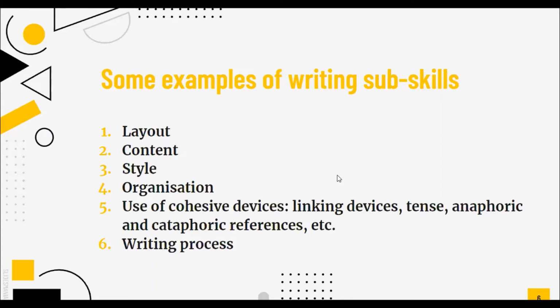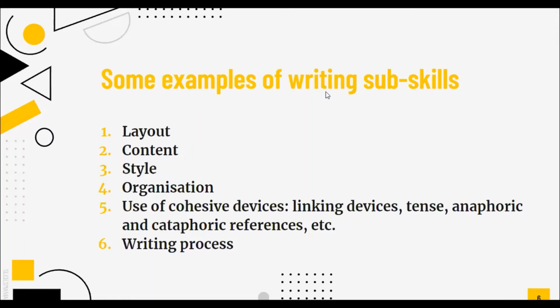For example, does it need bullet points? Does it need subtitles? And about the content, do students need to know specific jargon for this genre, maybe? And yeah, as Julio mentioned, style is formal and informal and so on. And hello to the people who are joining right now. We are talking about writing sub-skills.